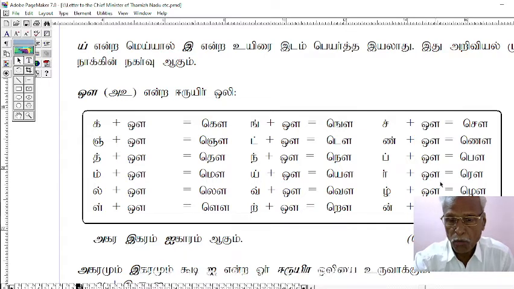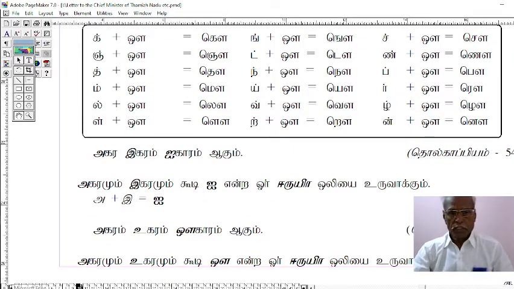Ir plus au, rau. Il plus au, lau. Iv plus au, vau. Il plus au, lau. Ir plus au, rau. In plus au, nau.